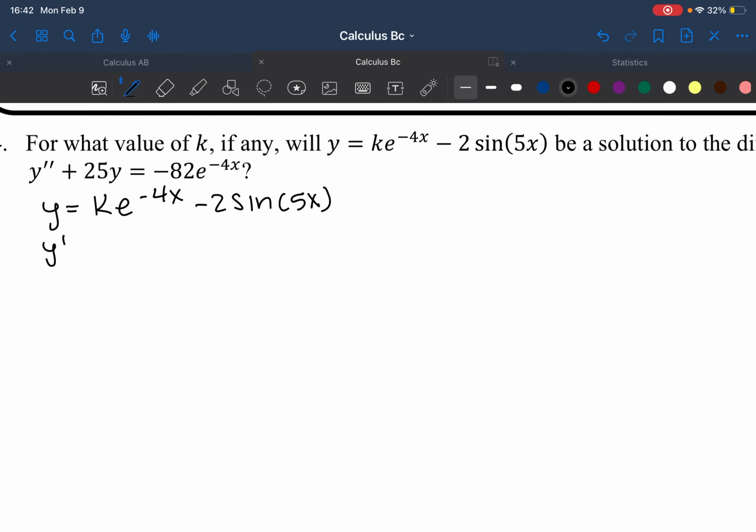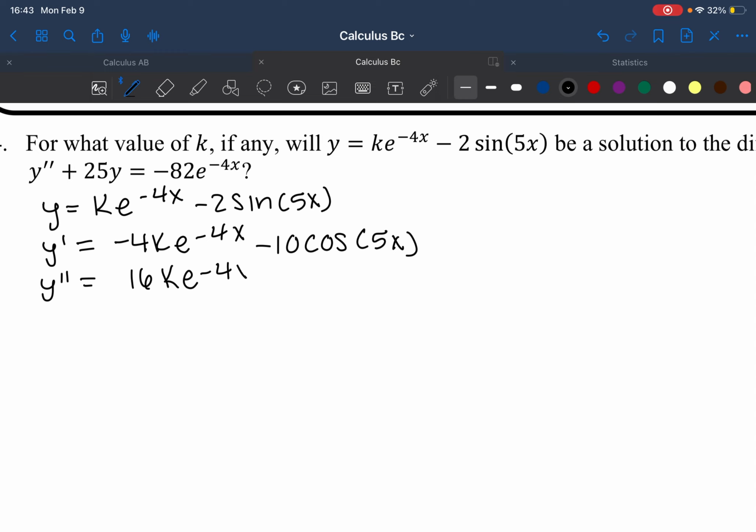So y is equal to k times e to the negative 4x minus 2 times sine of 5x, and take the derivative. Well, using the power rule and the chain rule, we get negative 4k e to the negative 4x minus 10 cosine of 5x, and then take the derivative again, and we get 16k e to the negative 4x plus 50 sine of 5x.